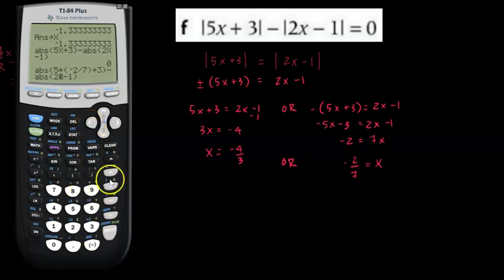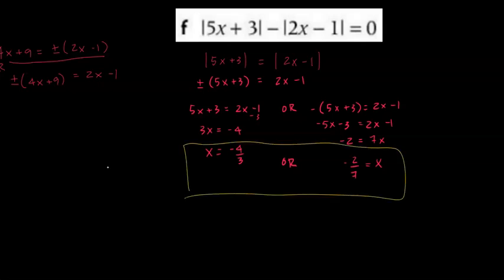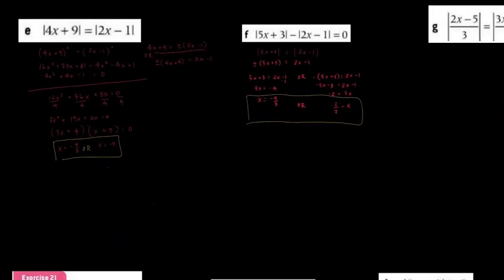I don't think I need a multiplication. Negative 2 divided by 7. I didn't insert it, minus 1. 0. They both work. Yay. And you could graph both of the absolute values and check if you wanted to. Okay, good job. Next one.